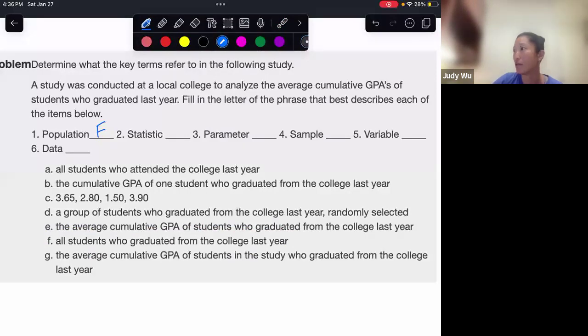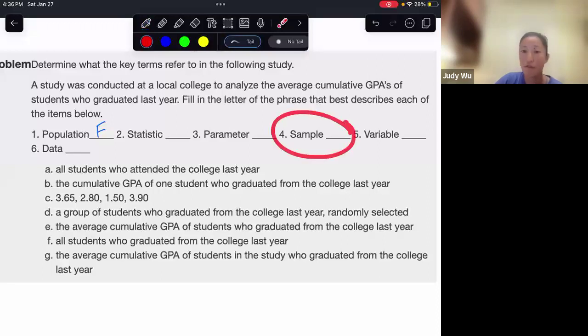Now, in our textbook, it talks next about this idea of a sample. So I'm going to skip to number 4, where it says sample. In your textbook, it says that when we're studying a population, we want to select a small group. We often don't have the time or the resources to go and ask every single person. So we think about a smaller group of people who might be able to help us understand what's happening in the bigger population.